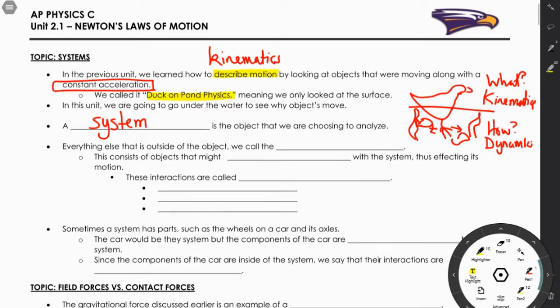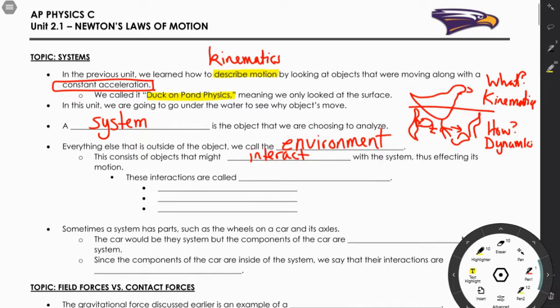So anything that comes from outside the system, or from the object that we've identified as our system, that's our environment. And this consists of objects that might interact with our system or with that object.